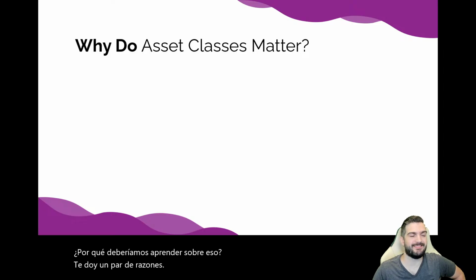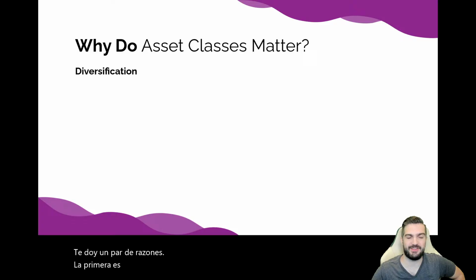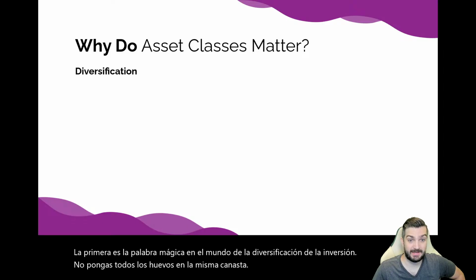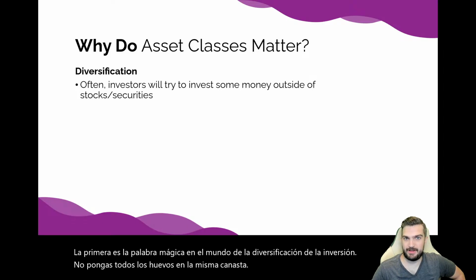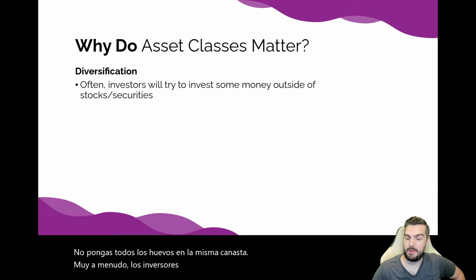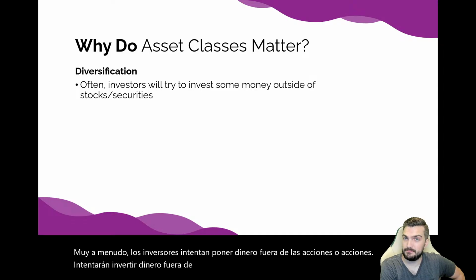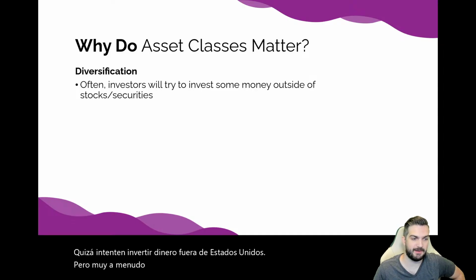The first one is the magic word in the world of investing: diversification. Don't put all your eggs in one basket. Very often, investors will try and put money outside of stocks or equities. They will try and invest money outside of the United States, maybe, but very often they'll try and invest it outside of the stock market.